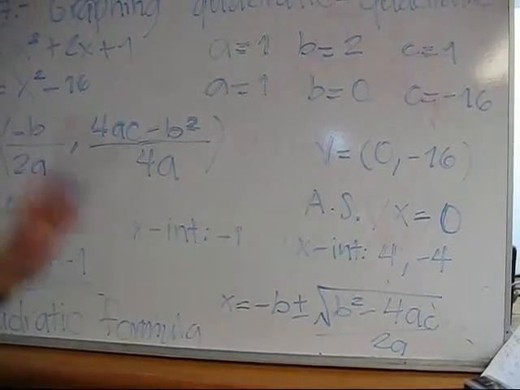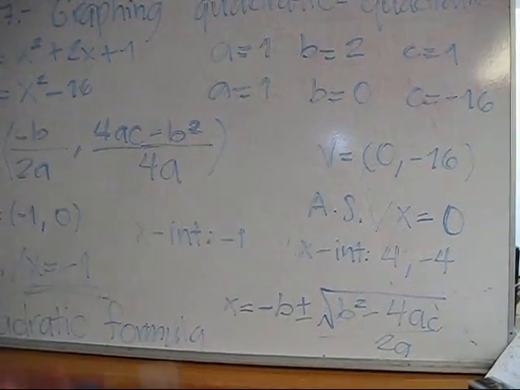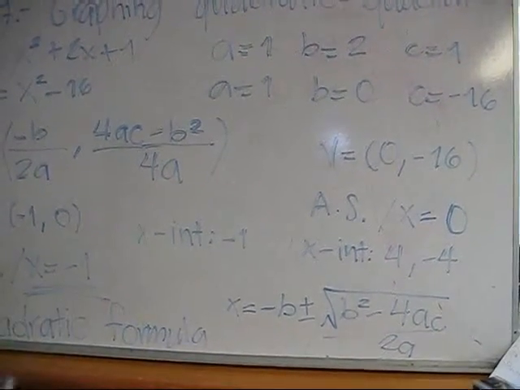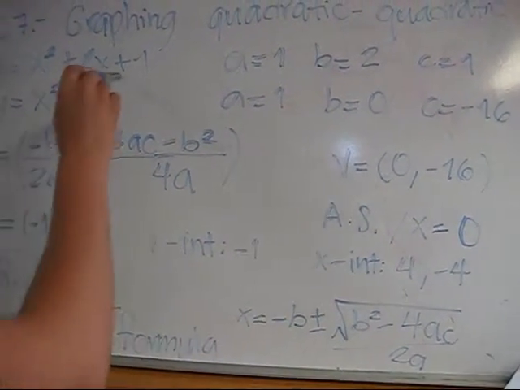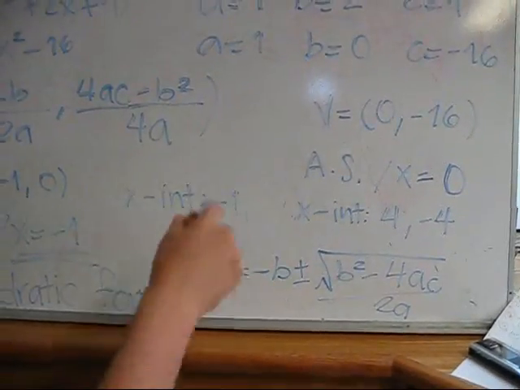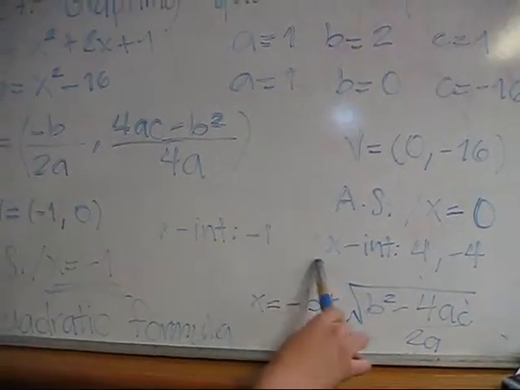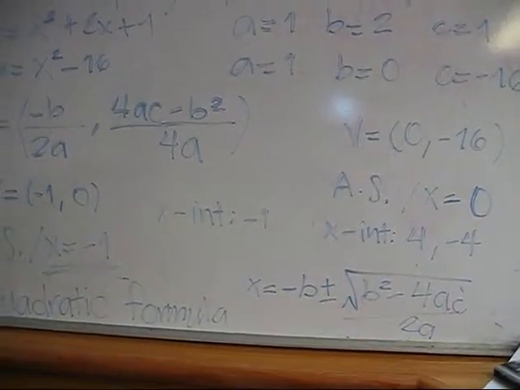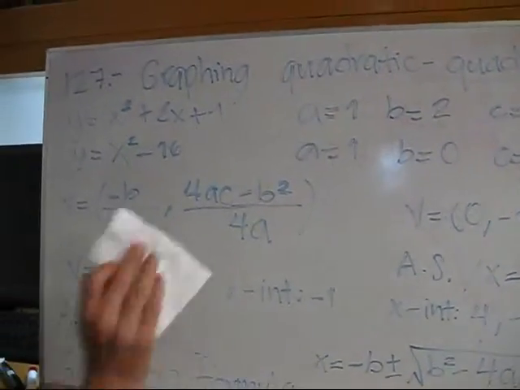You substitute in the whole formula like in the past exercises, and get the x-intercepts of each equation. For the first one, the x-intercept is just negative 1, and in the second equation it will be 4 and negative 4. And then you have to graph them.